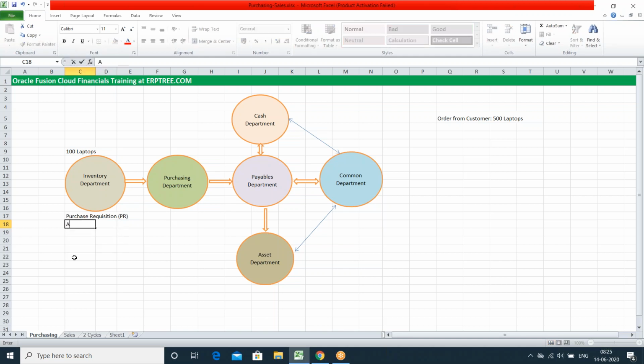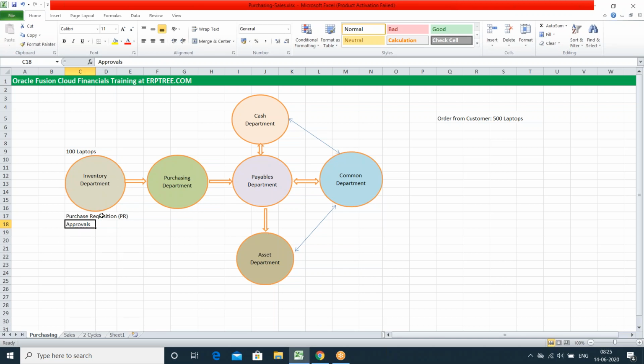So when there is demand in the organization, the inventory department should raise the requisition for the required quantity, and that purchase requisition needs to be approved.